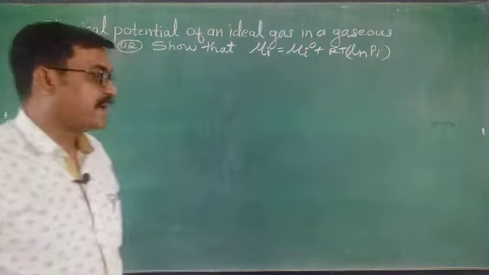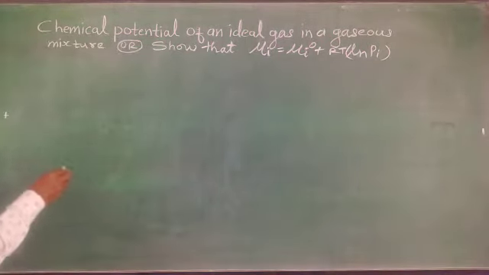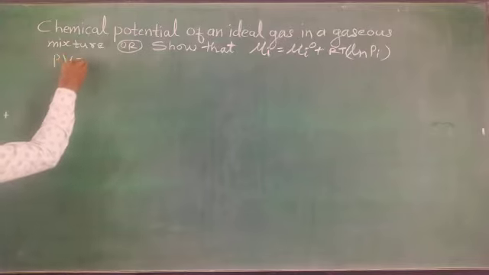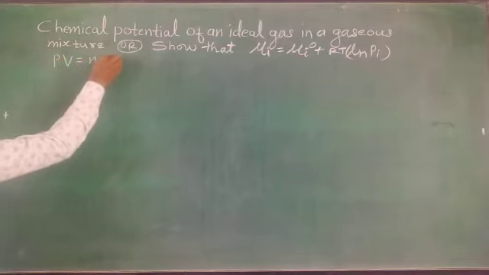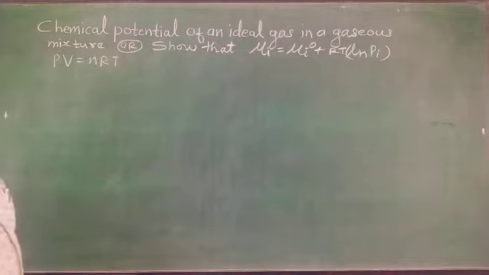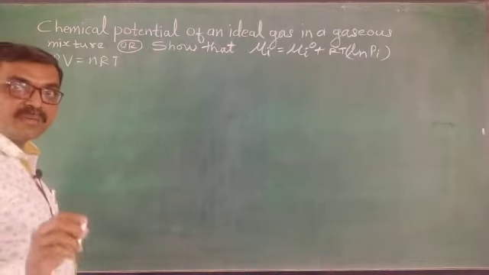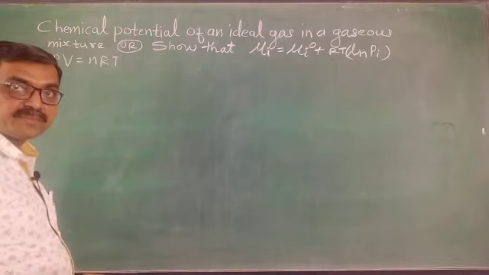Now you know that the ideal gas equation for n moles of gas is PV = nRT. This is the ideal gas equation for n moles of gas.